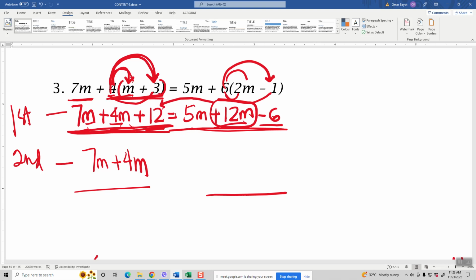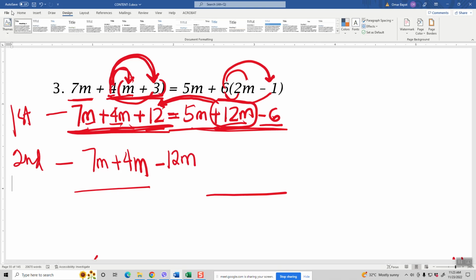Okay, so continuing. Since 12m, this is positive, take note when you cross the border, which is the equal sign, you have to change the sign. So from positive 12m, I will put this on the other side. Since it crossed the equal sign, its sign changes from positive 12m to negative 12m.